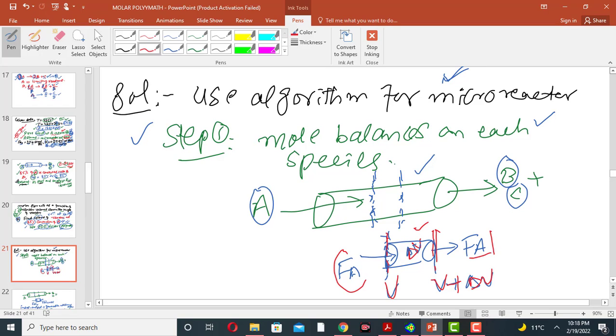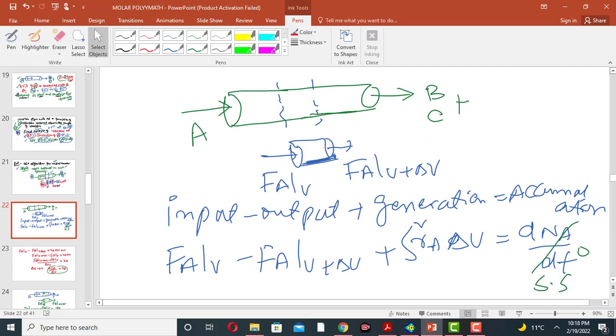So FA at V plus delta V, and this FA is at volume V. So we will write the mole balance. This mole balance is also given in the first chapter of the Elements of Chemical Reaction Engineering book, which is written by Fogler. So you can also read the mole balance in the book. We will also discuss the mole balance.